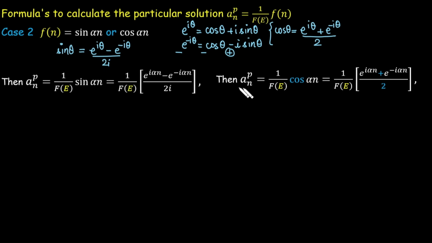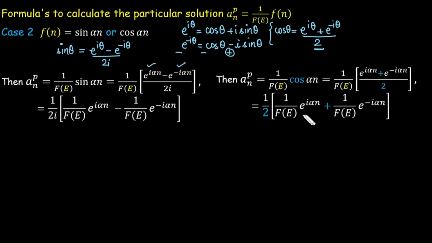Same we can mention in terms of cos, but the change is that rather than 2 iota in the denominator, there is just 2 here, and here we have taken the negative sign, but in cos we have positive sign. Rest of the things is as it is. Then we will take this 2 iota outside because this is a constant and distribute this operator on both the terms.